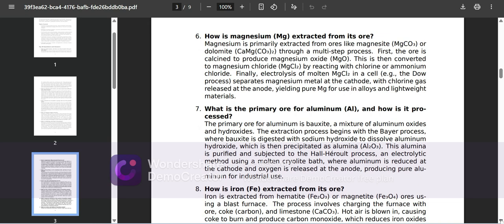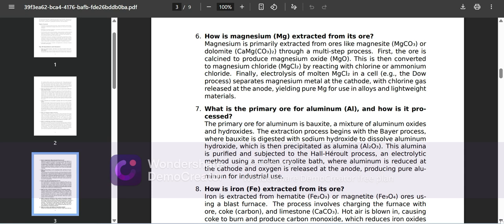How is magnesium extracted from its ore? Magnesium is primarily extracted from ores like magnesite, MgCO3, or dolomite, CaMg(CO3)2, through a multi-step process. First, the ore is calcined to produce magnesium oxide, MgO.